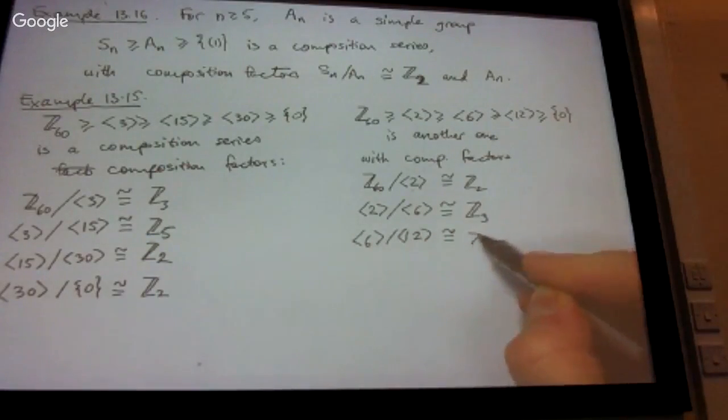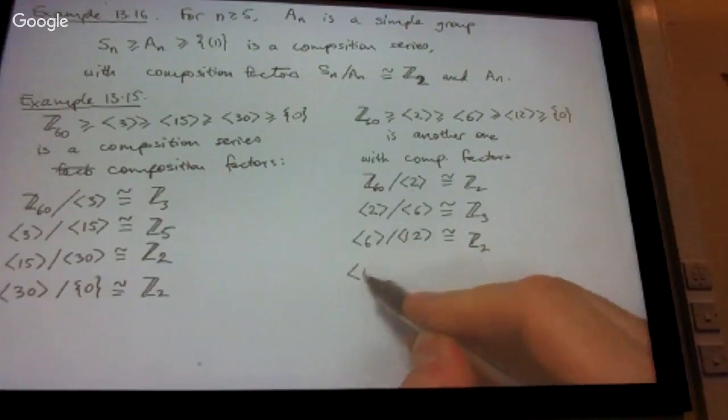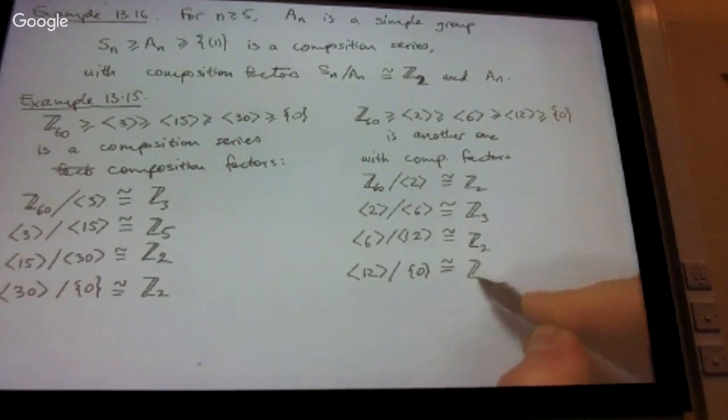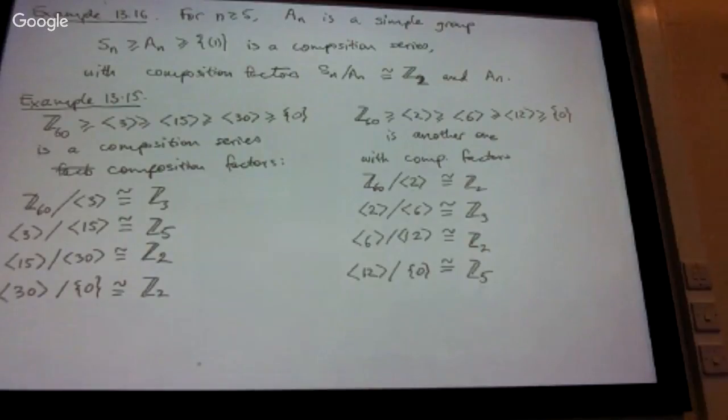So these composition factors that you get, do you notice anything? Yes. What do you notice? Is that 5?